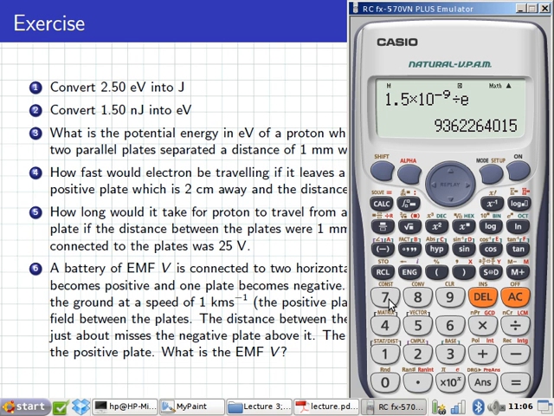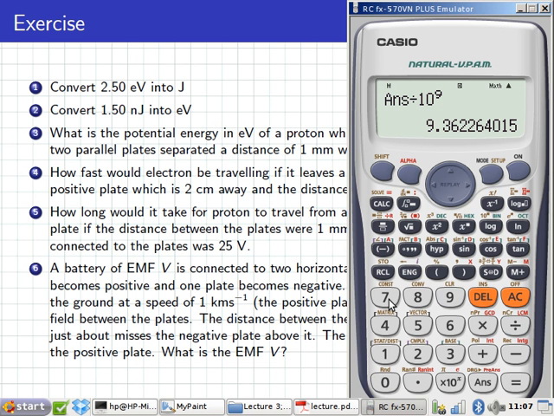That's the answer for the next one. Now you should use something like mega or giga. Giga, I think, is needed. 9.36 giga electron volts is the answer for number 2.